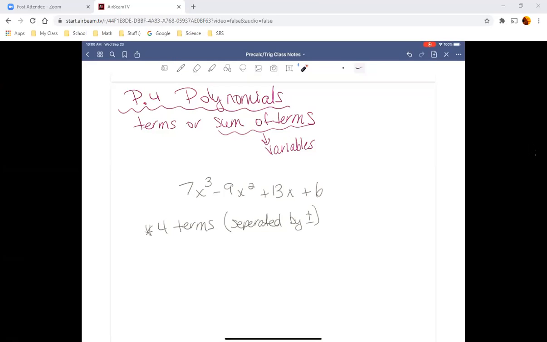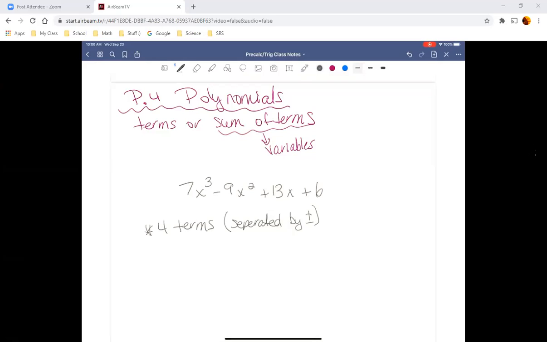And just for a little clarifying, when we see the word sum, what do we think of? Addition, right? So is this really addition right here? Aren't you technically, if you really wanted to make everything addition, wouldn't this be plus a negative 9x squared? Right? So even though it has a minus sign there, it's technically still a sum because you can add it as a negative. Does that work?